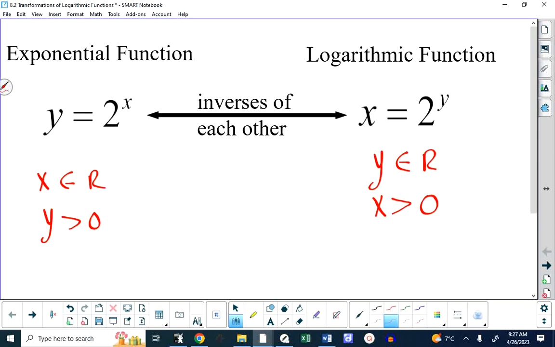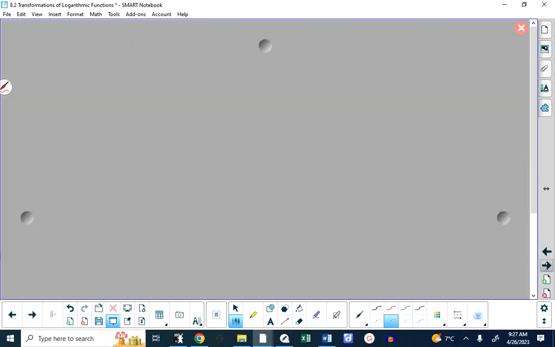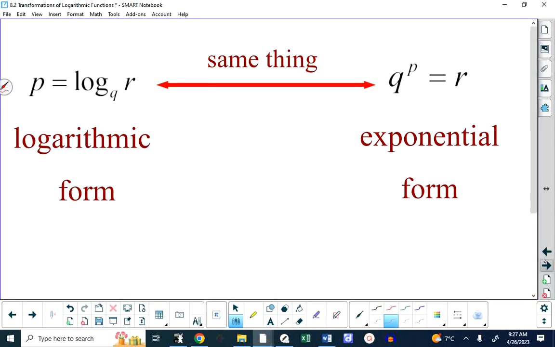But as I said, the most important thing that came out of yesterday is your ability to understand that x equals 2 to the y is equivalent to writing y equals log base 2 of x. And it doesn't have to be x's and y's. It could be anything. It doesn't have to be even in the context of a function that's logarithmic or a function that's exponential.